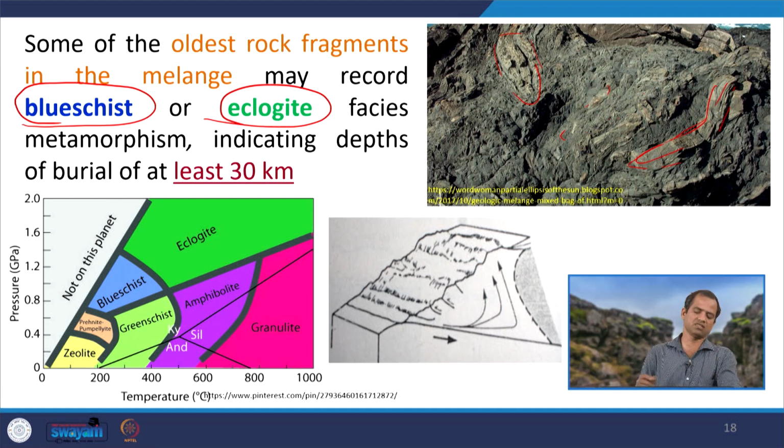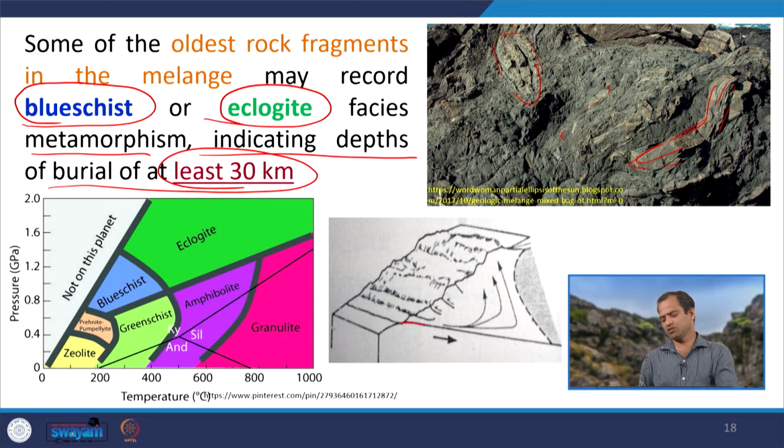That means the rock fragments had been derived from a depth of at least about 30 kilometers. The material goes down around 30 kilometers, and once it is not able to move further, it is underplated at the accretionary prism. Due to this underplating its thickness increases and gradually the rocks are exposed at different levels.